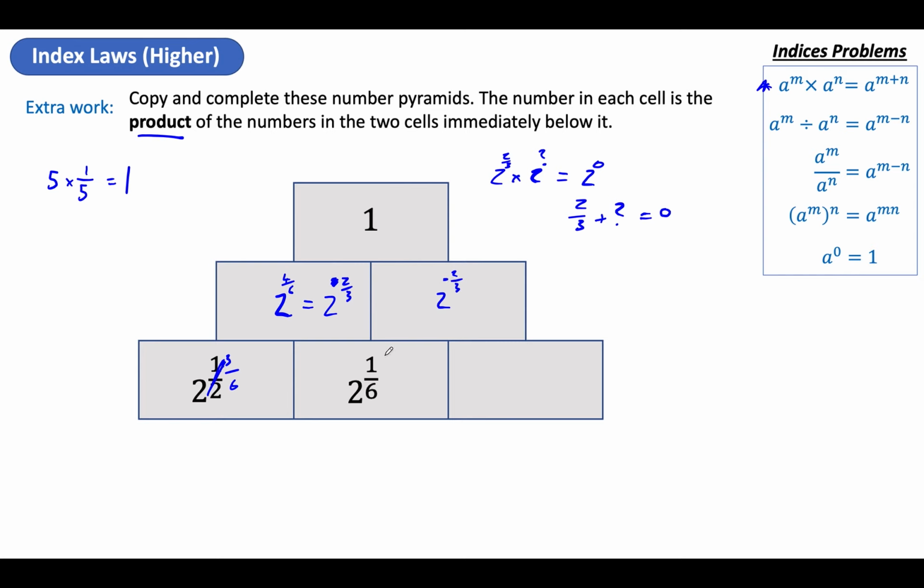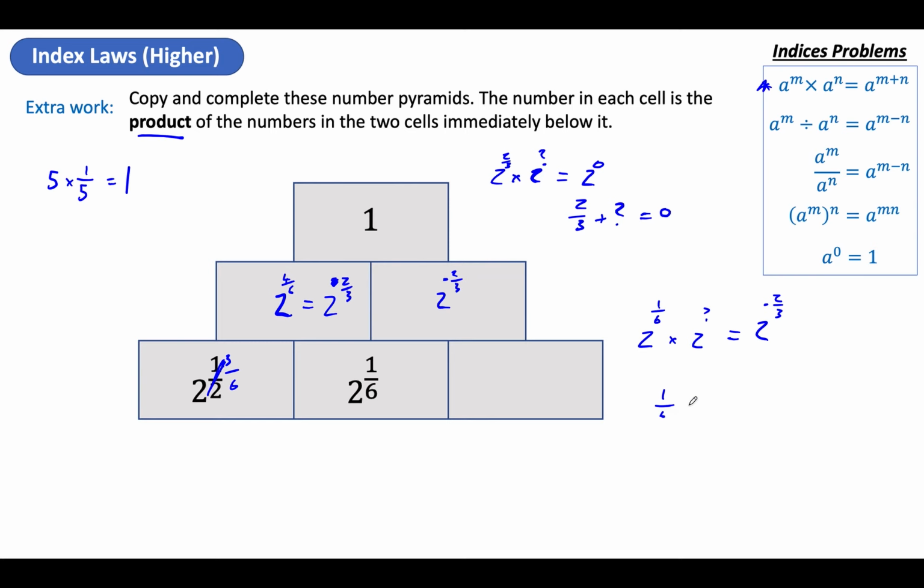It's reciprocal. Now I've got to do 2 to the power of 1/6 times by something. So let's write this over here. 2 to the power of 1/6 times by 2 to the power of something equals 2 to the power of minus 2/3. What that means is, if we're multiplying, same rule as first rule of indices, we need to add together our 2 powers.